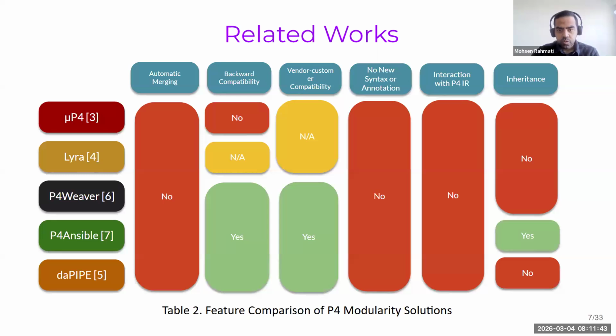But all of them use new syntax or annotation, and also do not interact with the P4 IR directly. Also, about inheritance, just P4Ansible has inheritance for some constructs of P4. As I mentioned, it is not a complete work, and it is not in the P4 IR; it is in the Bison parser generator.